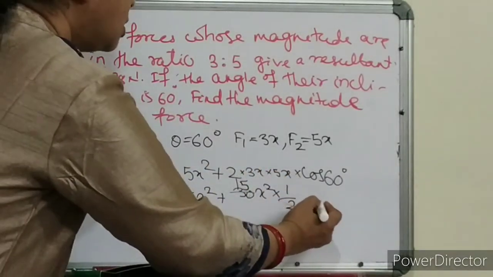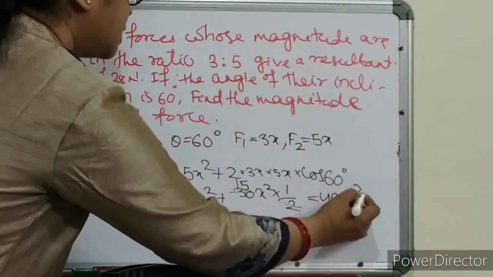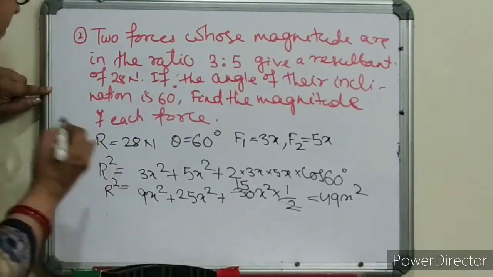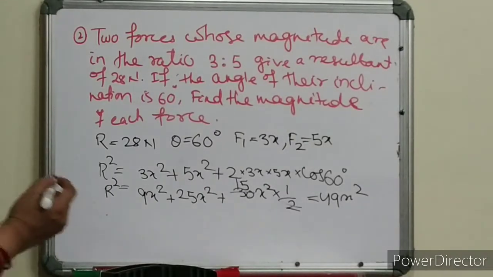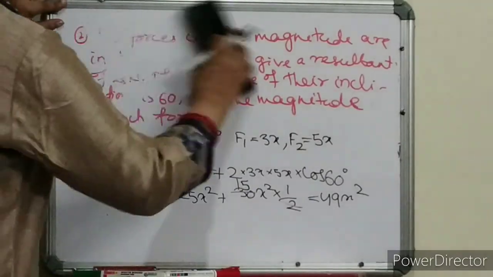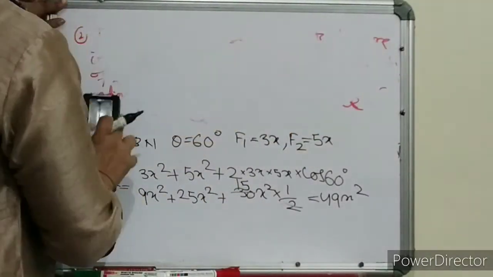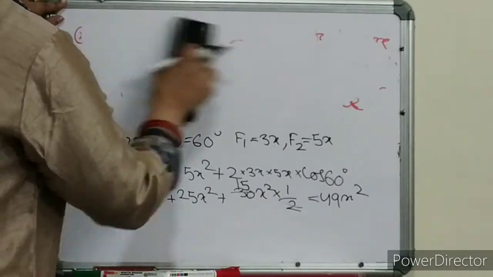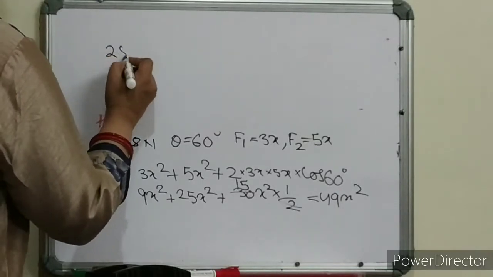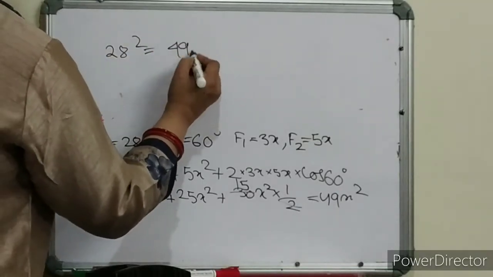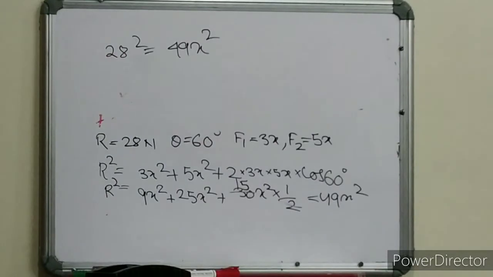So this 49x square is your R square. Okay, children. What is R? R is given as 28. So we put 28 square is equal to 49x square.